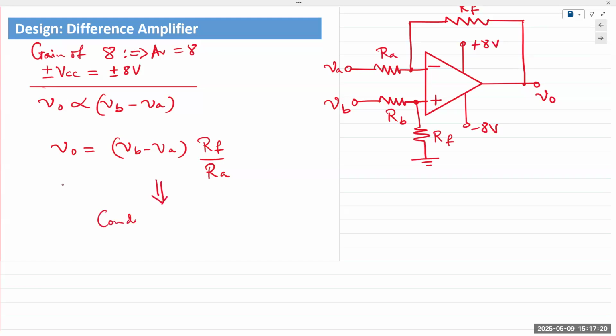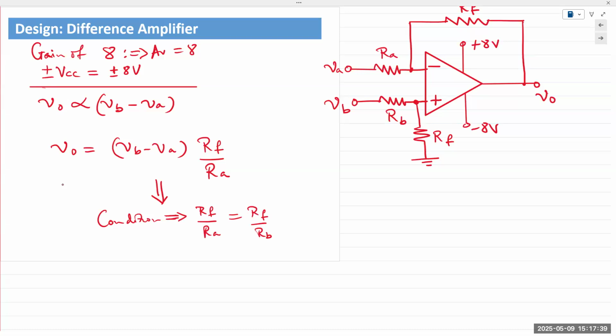The condition is that the ratio RF over RA is equal to RF over RB.